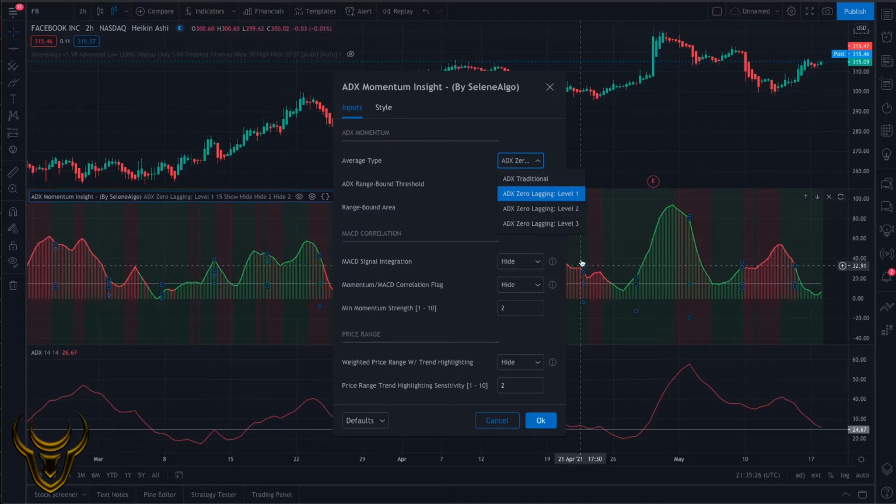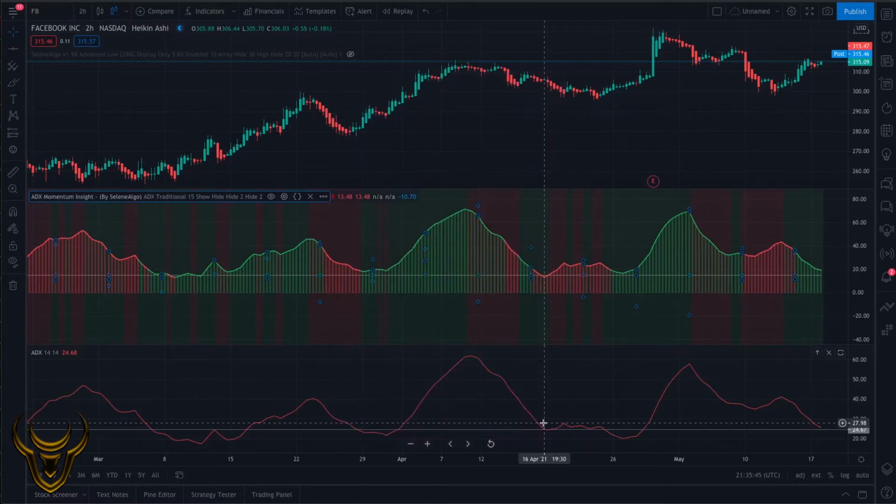It really makes it stand out, whereas some of your smaller trends tend to just bottom out. It adds a nice contrast between your larger trends as well as your smaller ones. Let me switch it to traditional real quick.